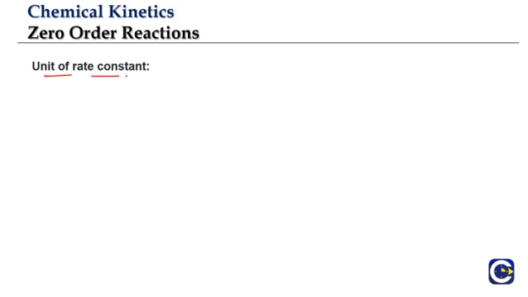Now another important factor that we can discuss here is the unit of the rate constant. In the second part video we discussed that by looking at the unit of k, we can judge what the order of the reaction is.